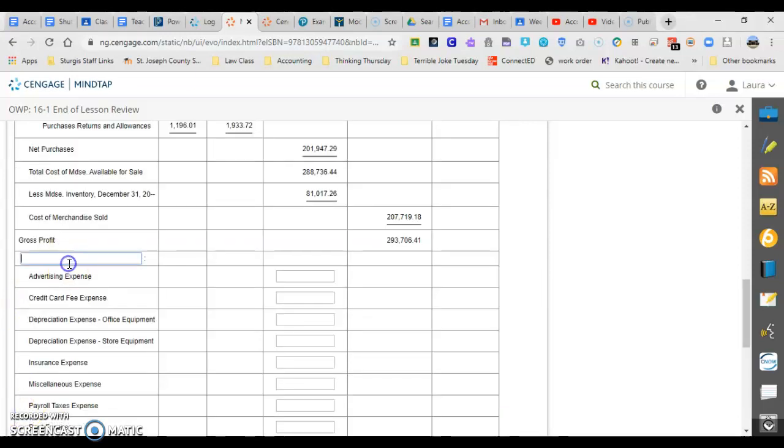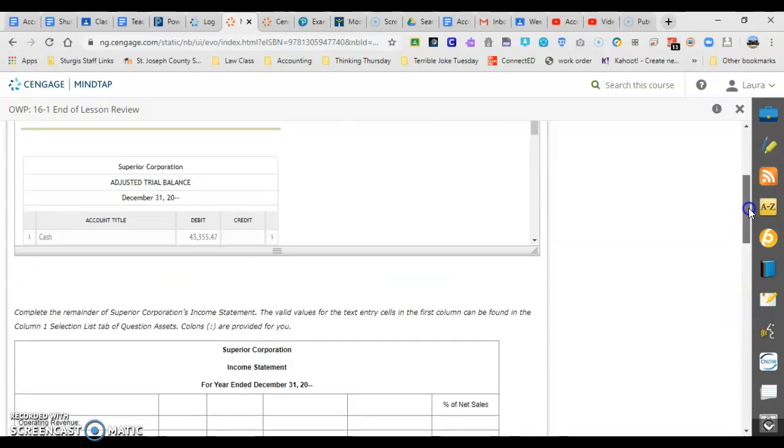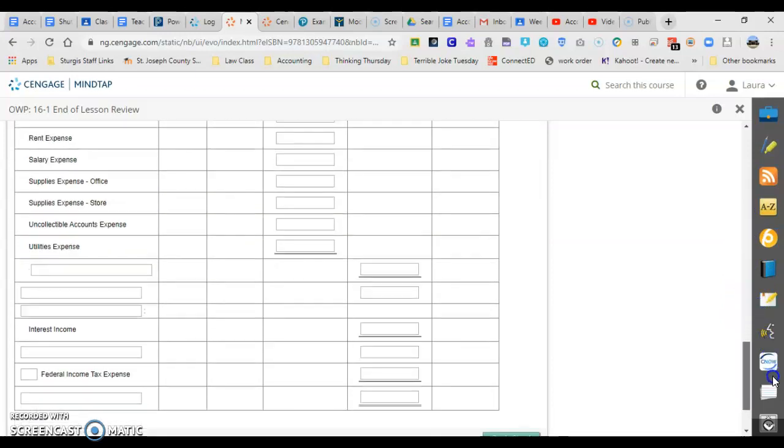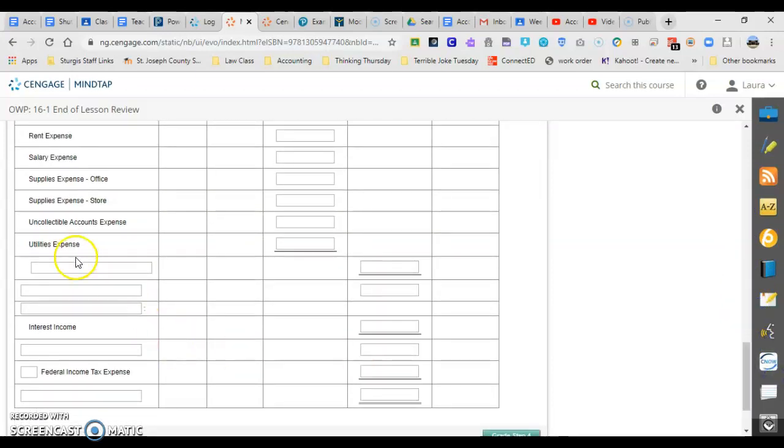Okay, the next part is your operating expenses. I'm just going to go through this. You would enter from your adjusted trial balance all your operating expenses, and then this would say total operating expenses.